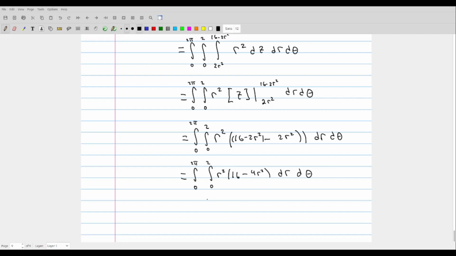And this integral is relatively straightforward to go through and evaluate. The integral from 0 to 2 pi.